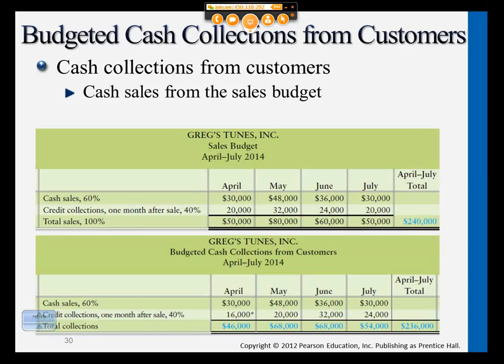Why is my sales budget $240 and I'm predicting that the cash collection from customers is $236? What's your intuition here? Hypothesize. Make it up.